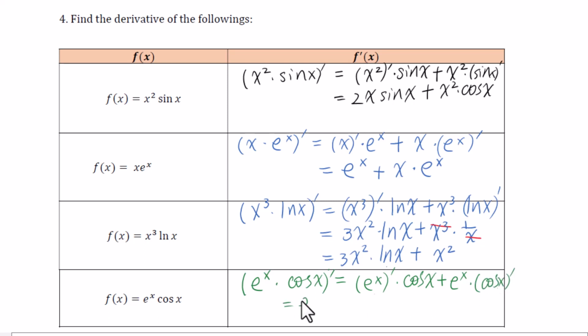So we have e to the x power times cosine x plus e to the x power times the derivative of cosine x, which is negative sine x. Then we simplify: e to the x power times cosine x, minus e to the x power times sine x.